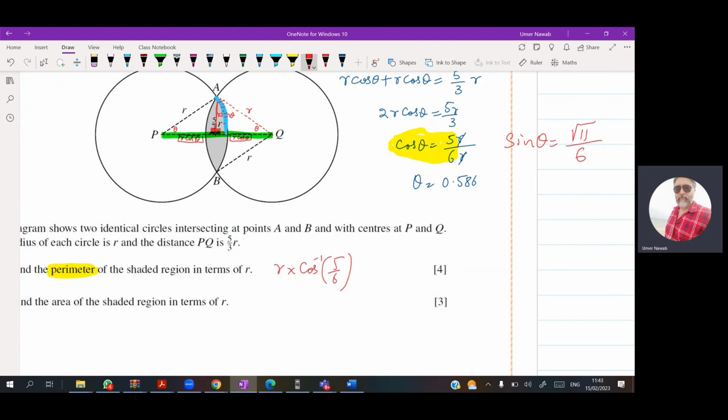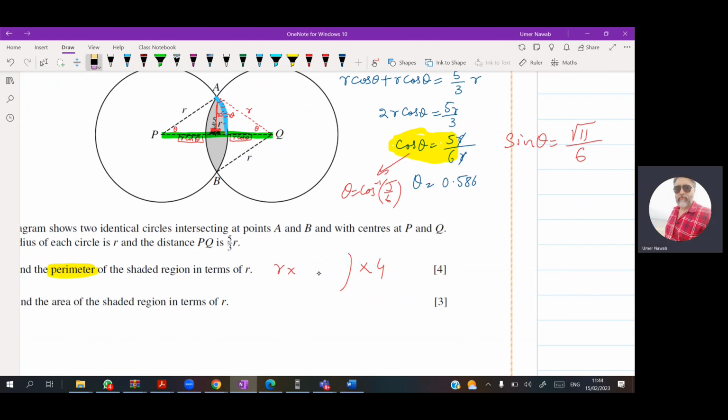So the arc length, which I'm talking about, this one, is r theta. So theta is shift cosine of 5 over 6. So r theta times 4. Now, if I want to write the decimal answer times 4, let's see what I'm going to get.